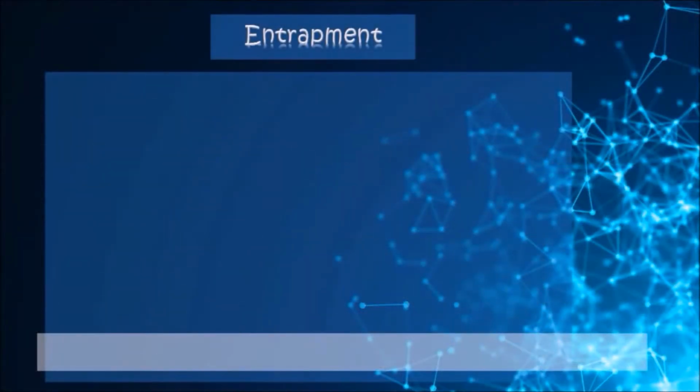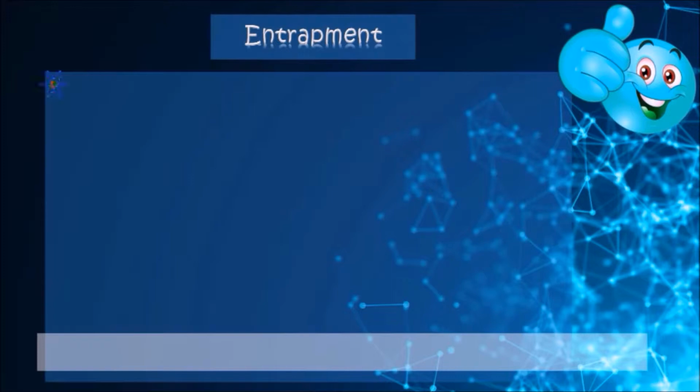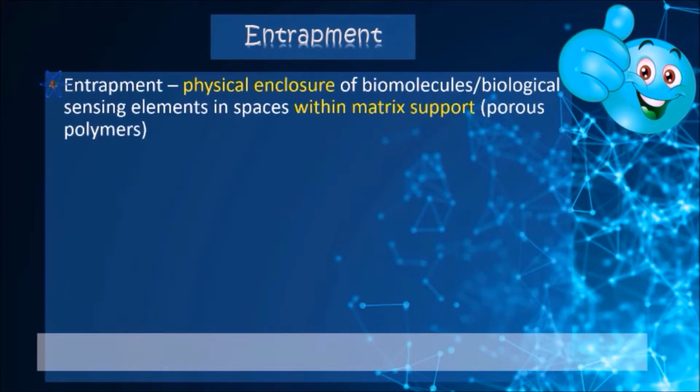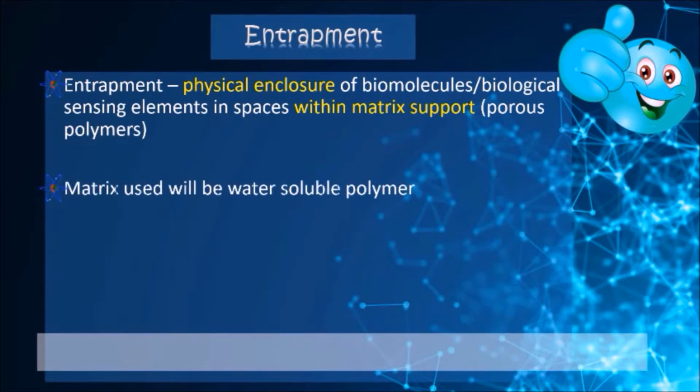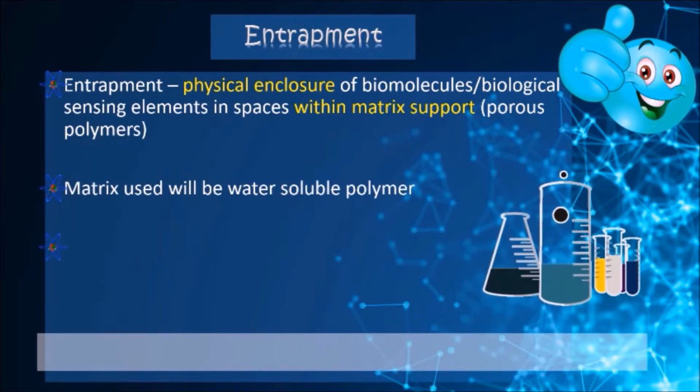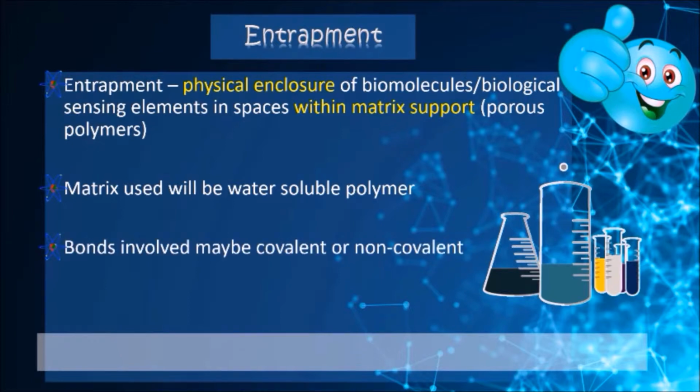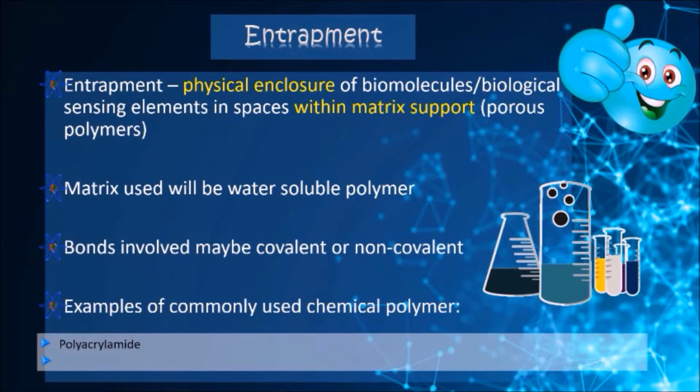Now, I will explain the immobilization method in biosensor technology using entrapment. It can be defined as physical enclosure of biomaterials within a matrix support that is usually a water-soluble polymer. It also involves covalent or non-covalent bonds between biomaterials and matrix.